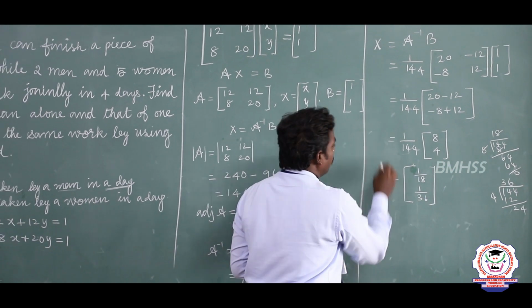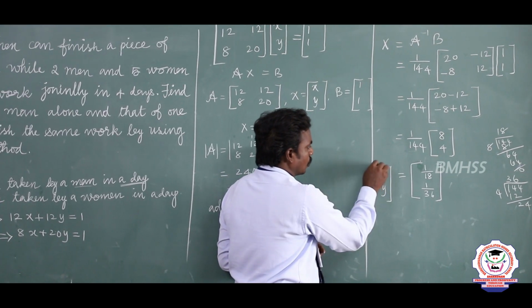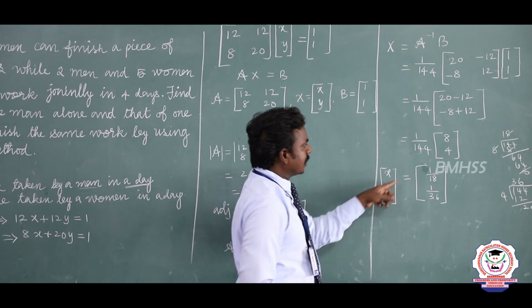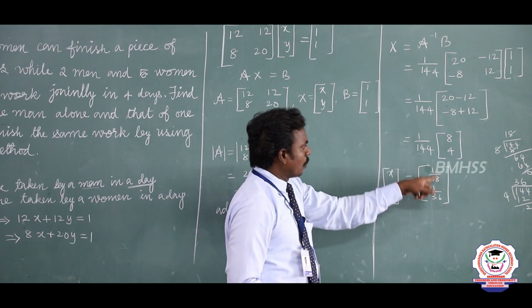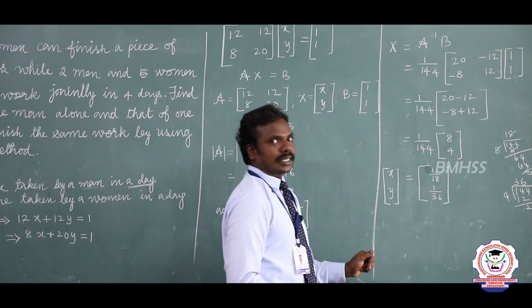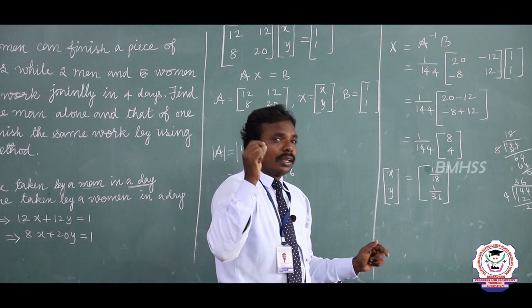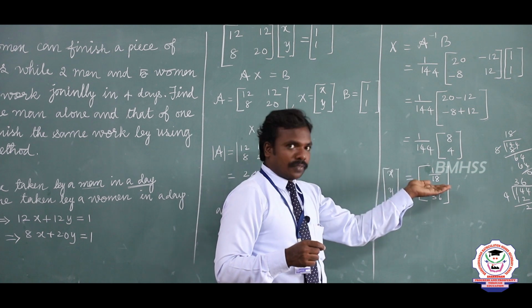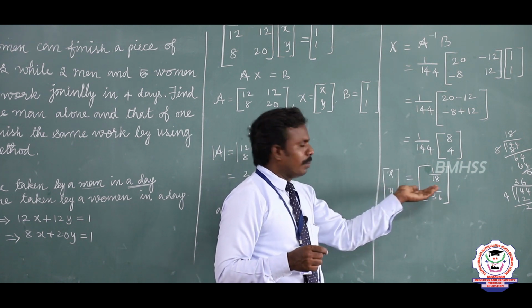Listen, so X means that small x small y, that is the column matrix. So capital X is equal to 1 by 18, 1 by 36. So x equal to 1 by 18, y equal to 1 by 36. They are asking how many days the man takes to finish that work, and how many days the woman takes to complete that work.